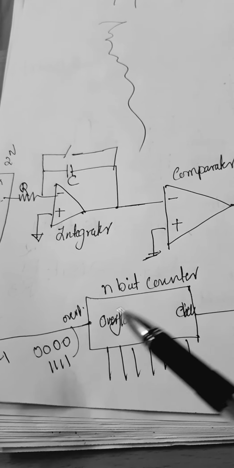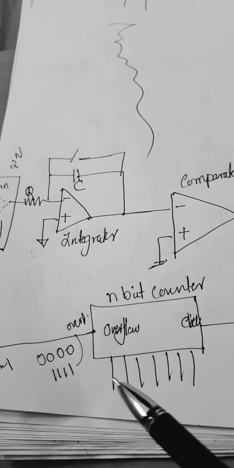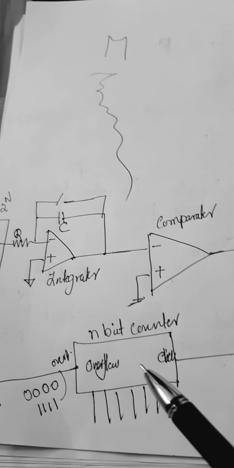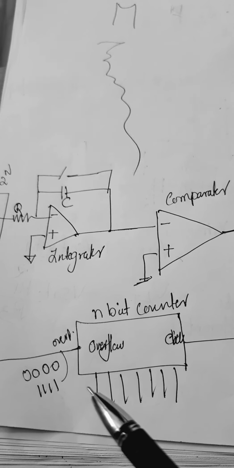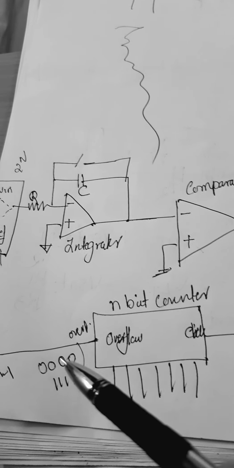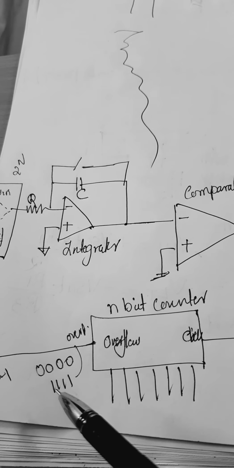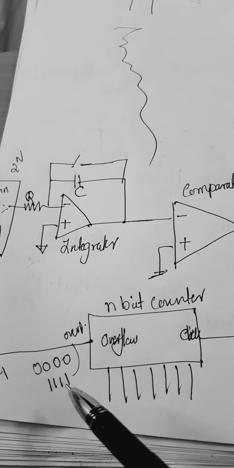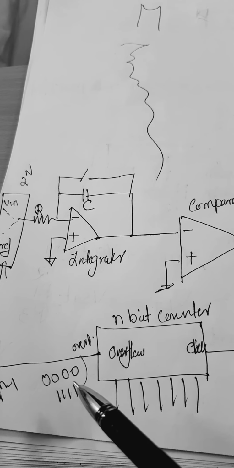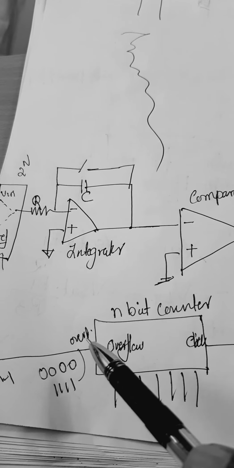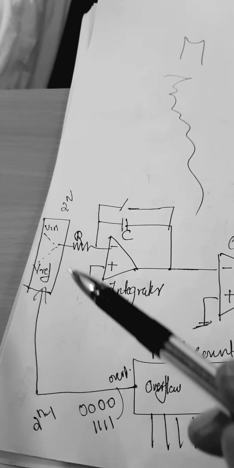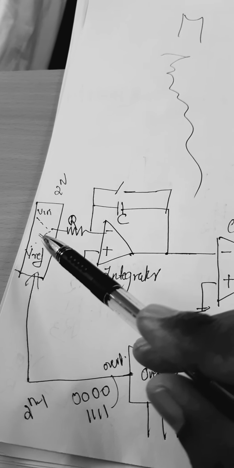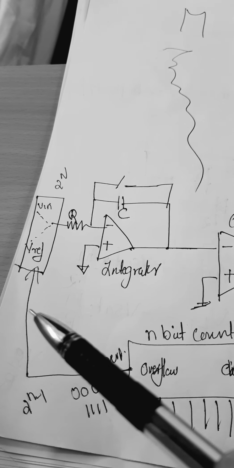The counter starts counting from 0 and counts completely, for a 4 bit counter from 000 to 111. Once this is completed, the overflow bit of the counter becomes 1, which makes the switch switch back to V reference.